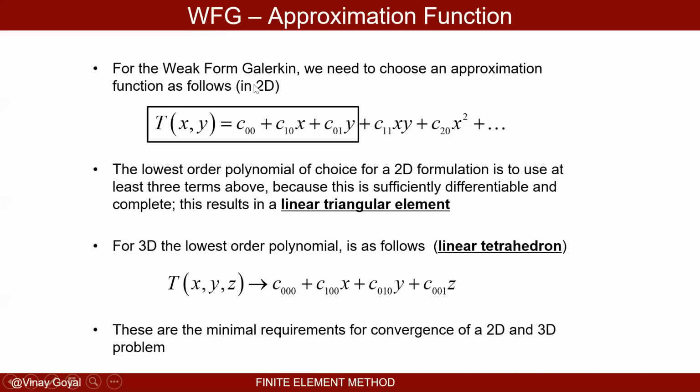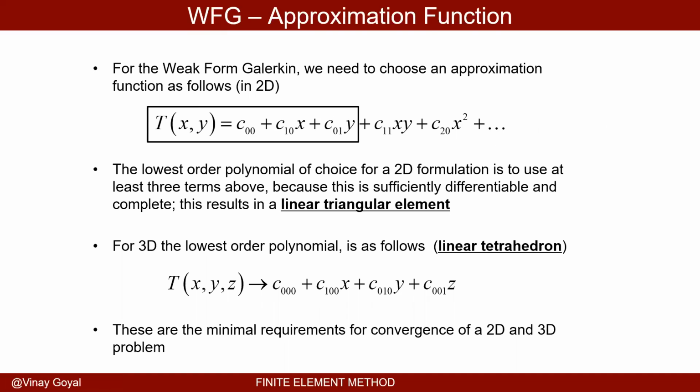And I'm going to choose, in 2D for a triangular element, this is what the approximation function could look like. The temperature has to be a function of x and y so that it can vary in the x and y direction. Here I have these coefficients that are unknown, and I know I'm going to have a bunch of terms: 1, x, y, x squared plus y squared, and so forth.